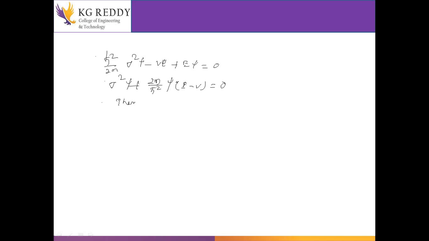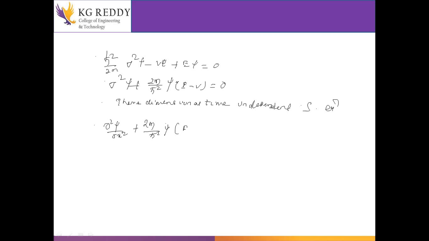This is the 3-dimensional time independent Schrodinger equation. Next, let us see how to write it for 1 dimension. Just put ∂²ψ/∂x² + 2m/ħ² ψ (E − V) = 0, only for 1 dimension.